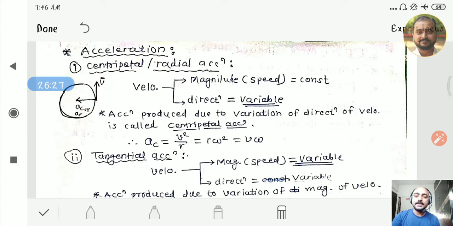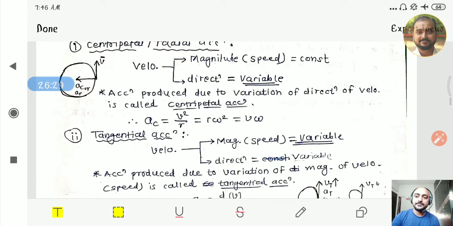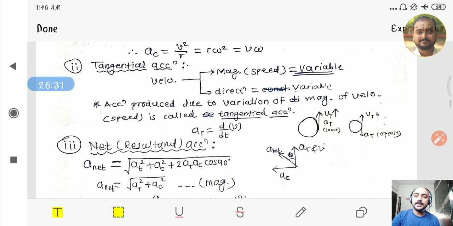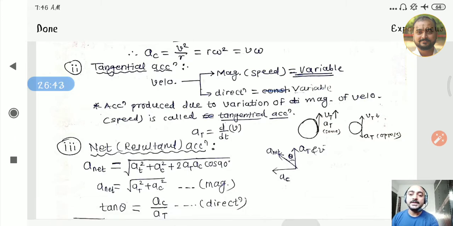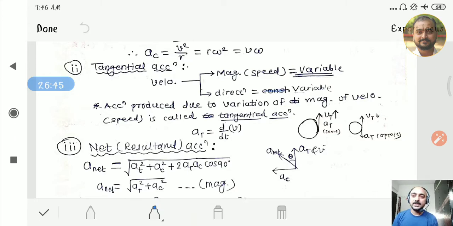What about the tangential acceleration? Remember, in the case of tangential acceleration, the magnitude of velocity is also changing, meaning the speed does not remain constant. Remember friends, in uniform circular motion, centripetal acceleration is always there.